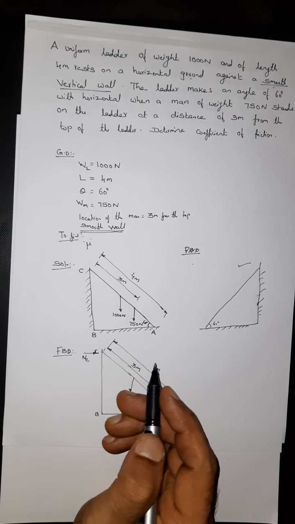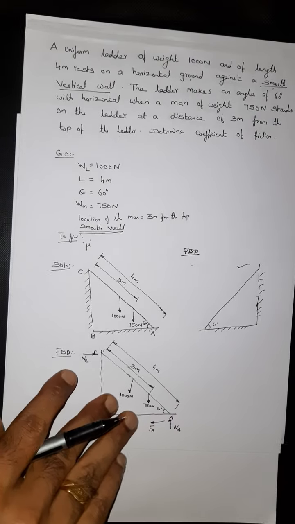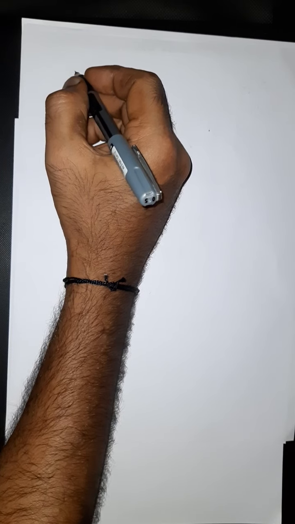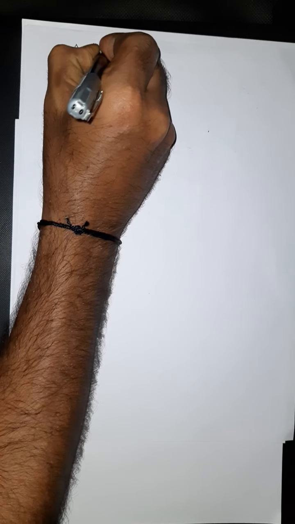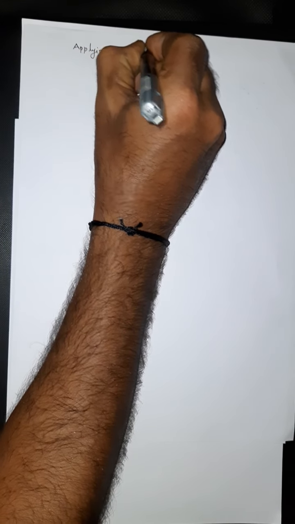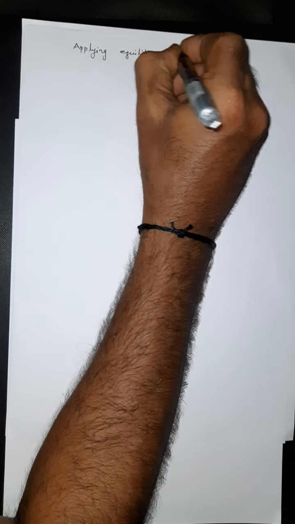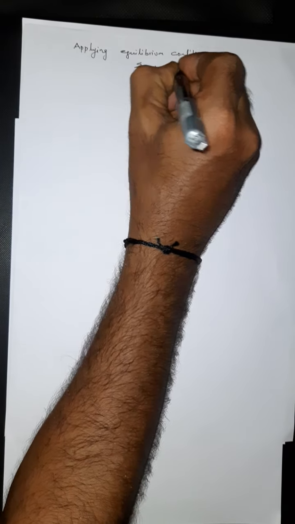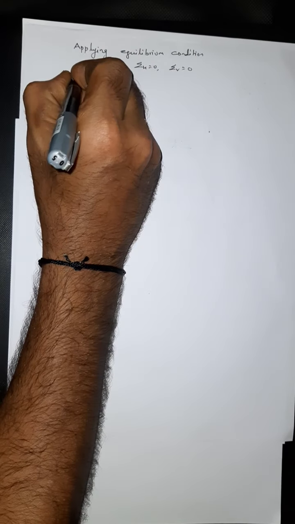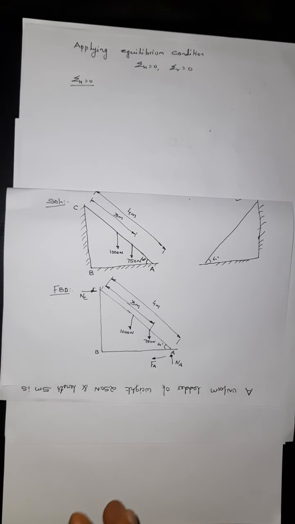Let us start solving the problem. First, what you have to write? Yes, you have to apply the equilibrium condition. Applying equilibrium condition: summation H equal to 0, summation V equal to 0. Summation H equal to 0. Look at the free body diagram.